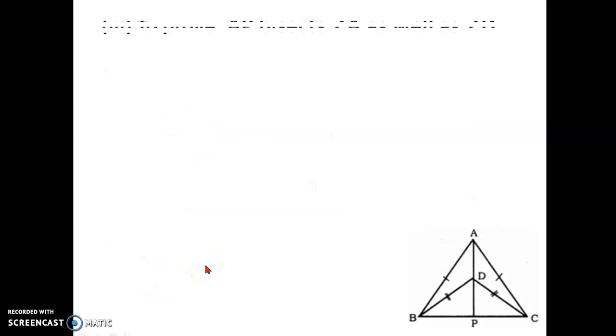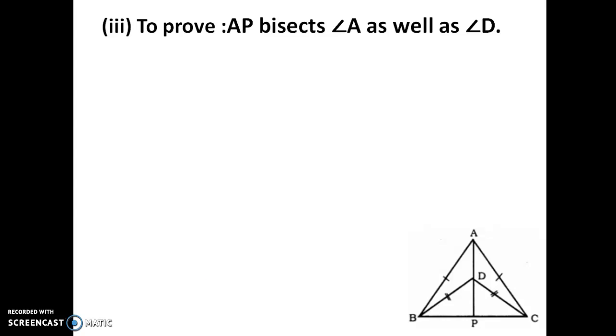Then the third subdivision to prove is that AP bisects angle A as well as angle D. This line AP is there, no? This line bisects angle A and angle D. We have to prove that.